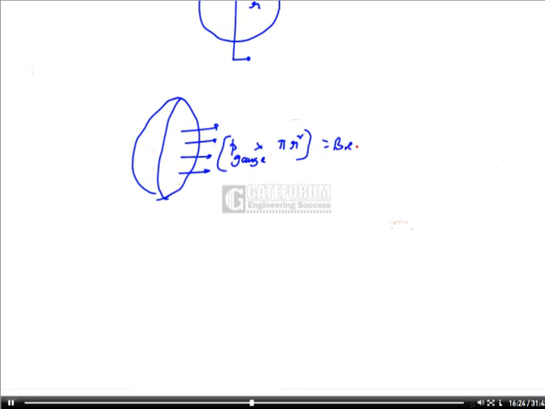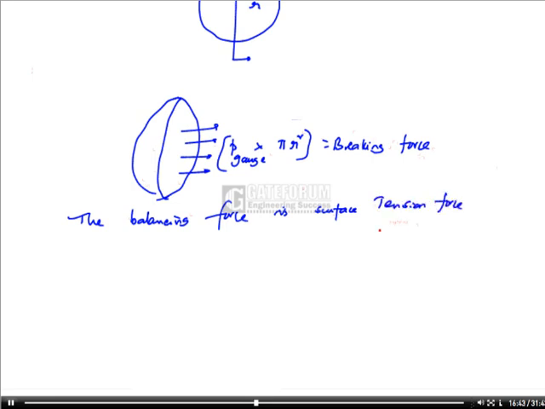This is the breaking force which tries to break the sphere into two hemispheres. The balancing force is the surface tension force, proportional to length, which is equal to sigma into 2 pi r.